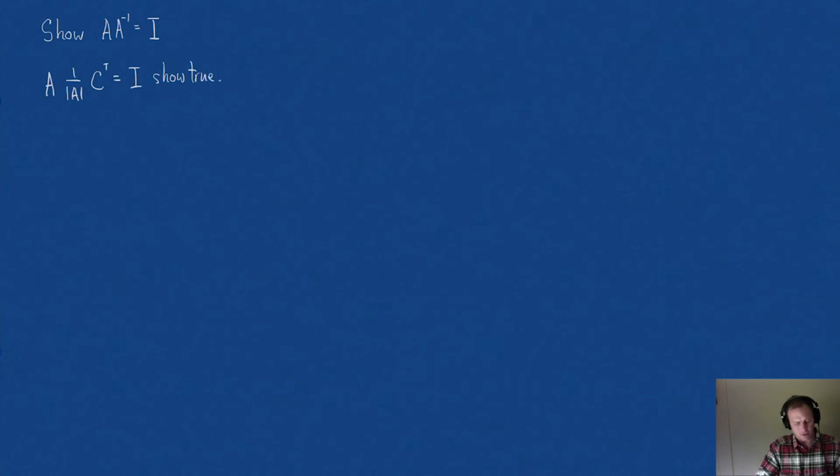Okay. So here's how we're going to do this. I'm going to just clean this up a little bit because the 1 over the determinant of A is just kind of a nuisance to write. So let's just work with A times C transpose equal to the determinant of A times the matrix I. Here we go.